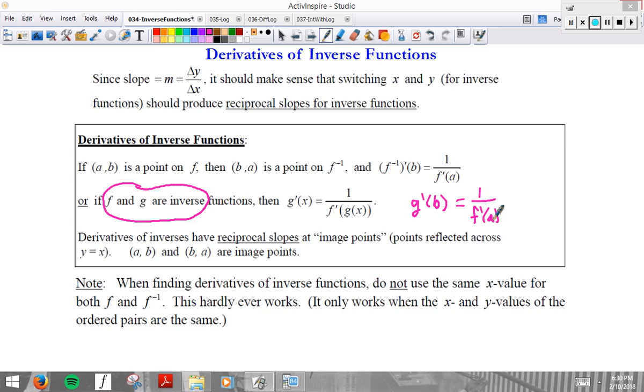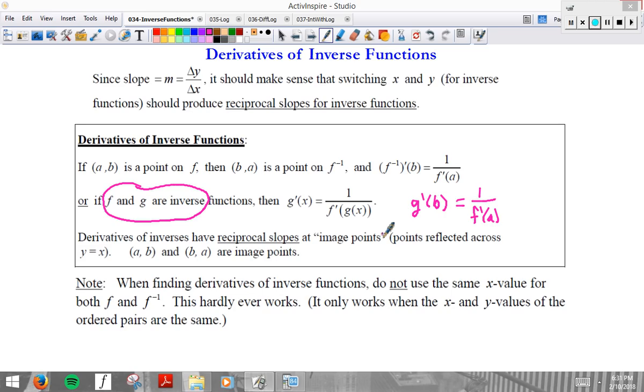That's the idea. If (a, b) is a point, that's all this is saying, because g of b is a. Okay? We're going to just find these slopes. We're going to do a nice table. It's going to be much more simple in the next video.